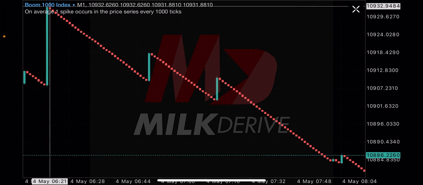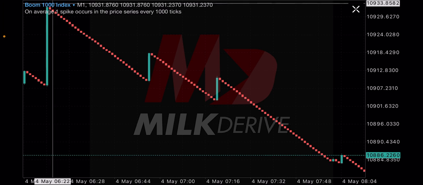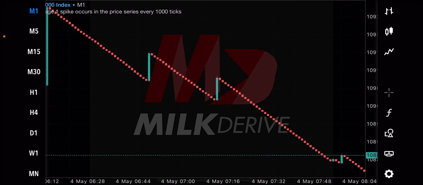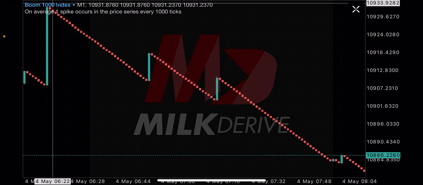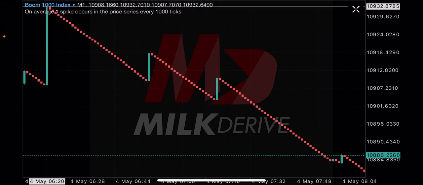But you can always use price action to identify them and then know how to trade them. Let's just go into what I mean. We are in the index, and as you can see, it's selling. The small candlesticks you're seeing there make it a selling market.